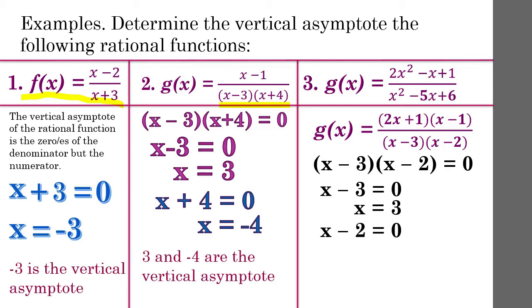Equating x minus 2 to 0, then x is equal to 2. So what are the vertical asymptotes? The vertical asymptotes are 3 and 2. All right. So these are the ways on how we can find the vertical asymptote of the rational function.